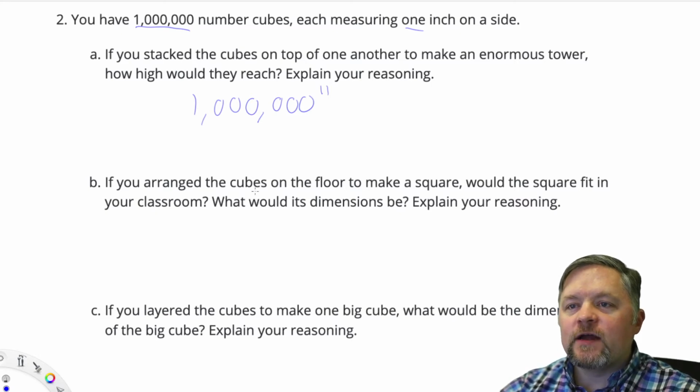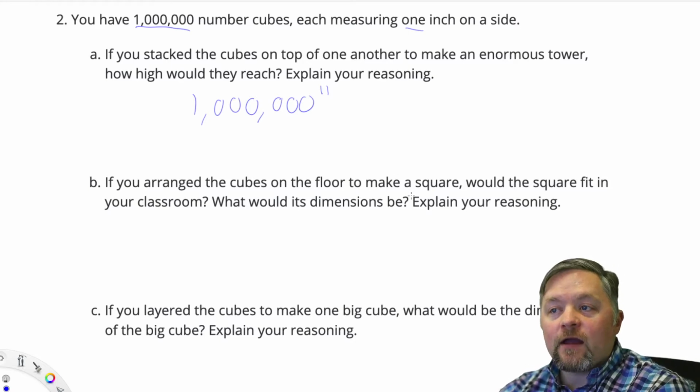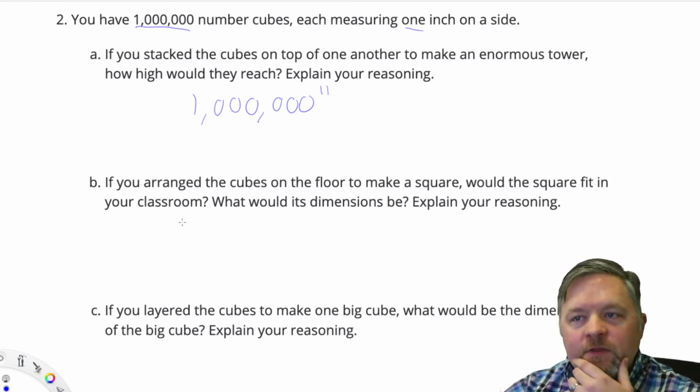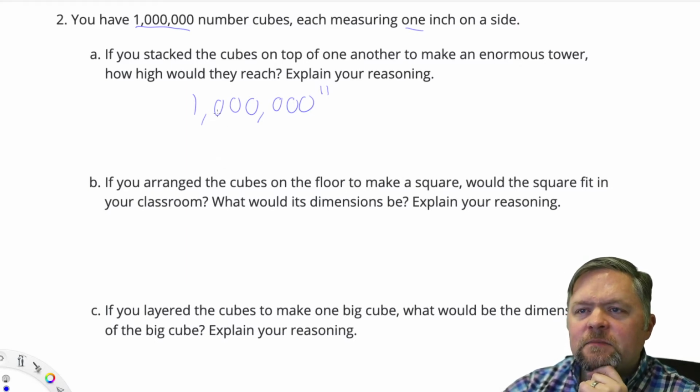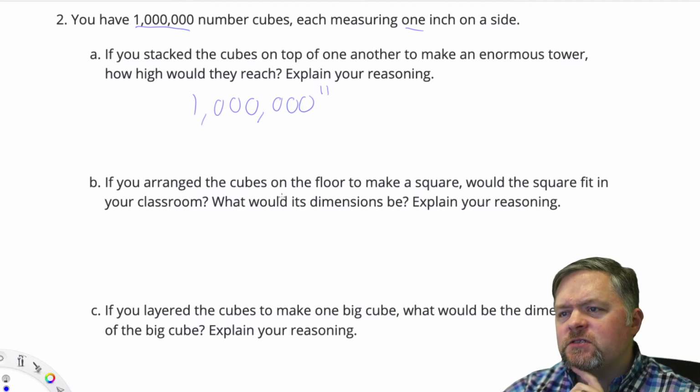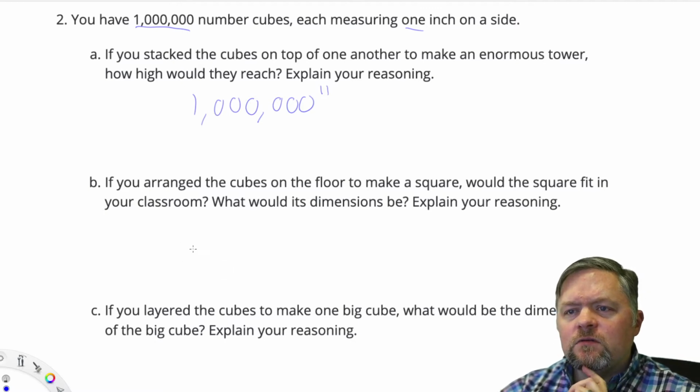If you arrange the cubes on the floor to make a square, would the square fit in your classroom? Well, I don't really know. 1 million inches? Well, it can be kind of hard to visualize.